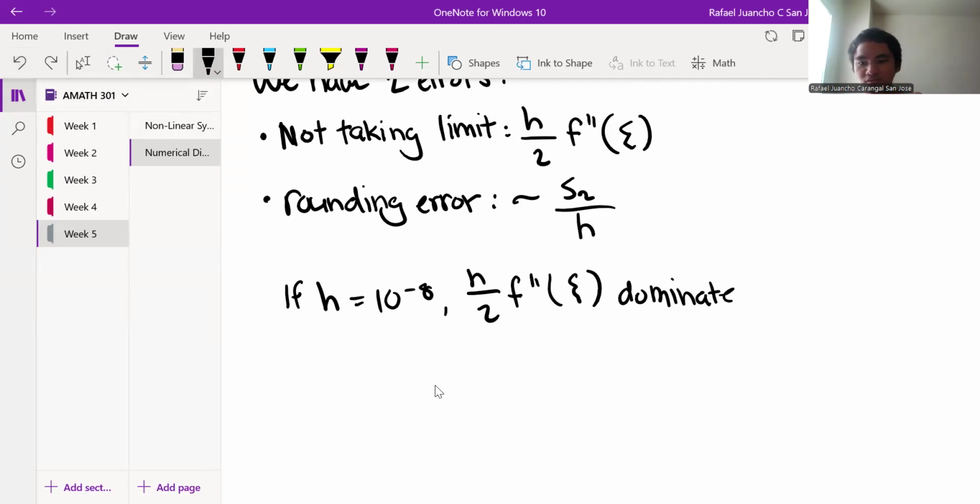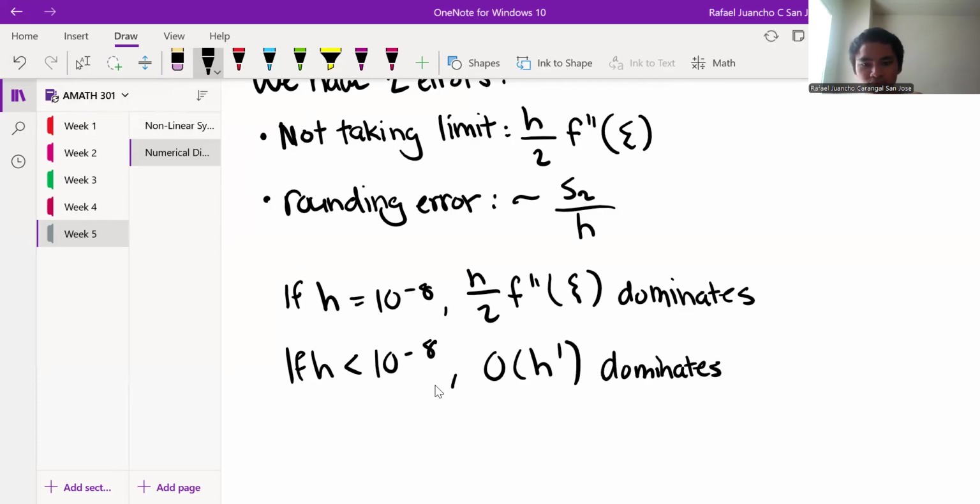But the moment my h is less than that value, well, now this thing dominates. So there's a convergence rate here. Okay.